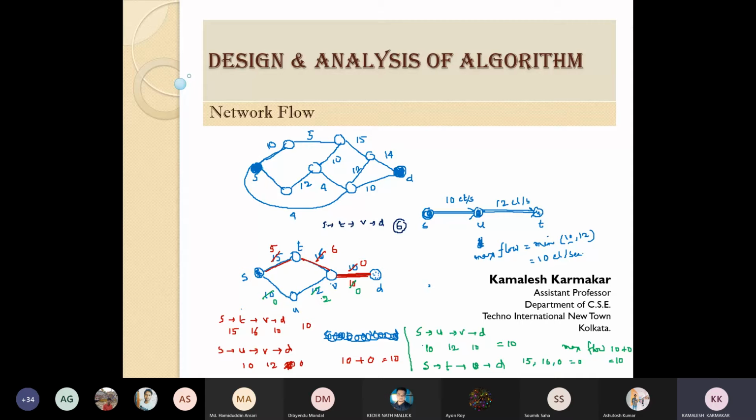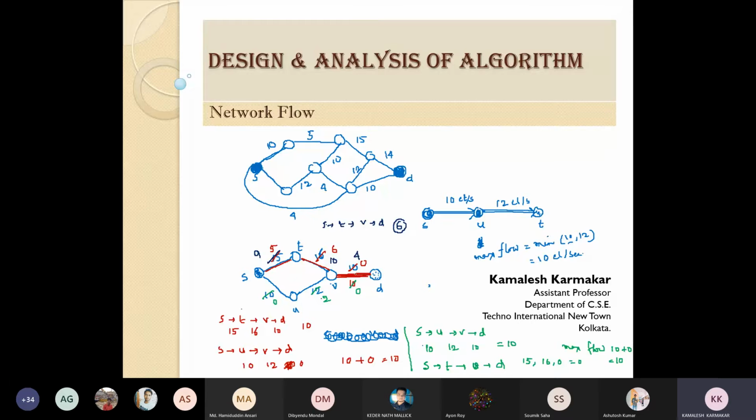So if I transfer 6 units through this path, then after 6 units, what will be the remaining capacity? Instead of 15, it will be 9. T to V, it will be 10. V to D, remaining capacity is 4, 10 minus 6, 4.